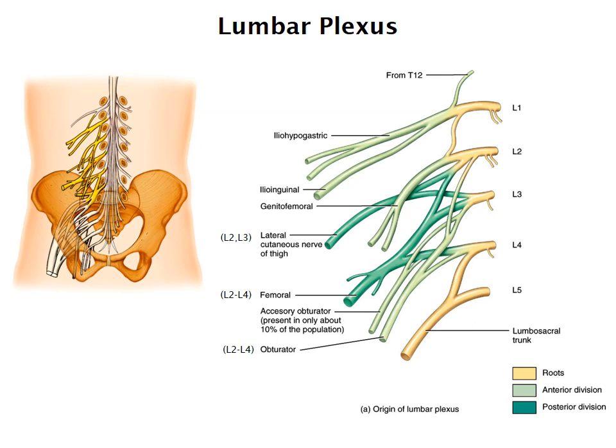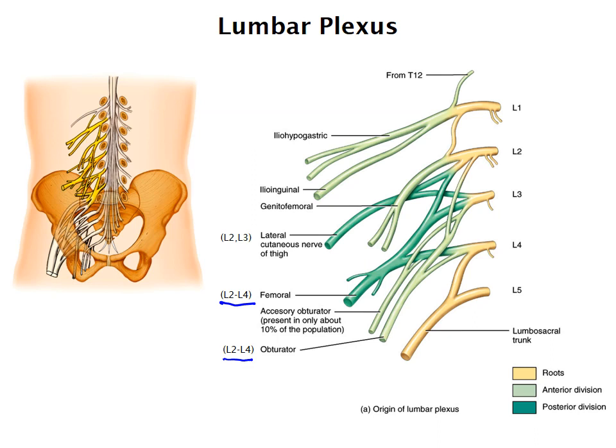For the purposes of the lower limb, I want you to know that the femoral nerve comes from L2 through L4 and innervates the muscles of the anterior thigh. The obturator nerve also comes from L2 through L4, which is quite convenient, and innervates the adductor group of the muscles of the medial thigh.